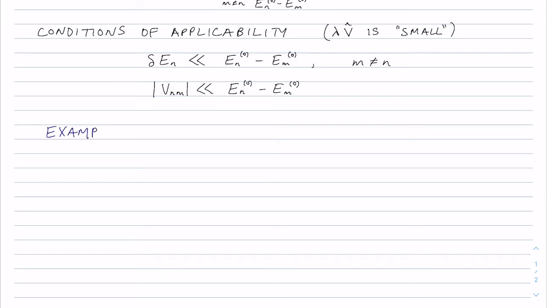This is either from or similar to a question in Griffiths. Often we will start these kinds of problems with an exactly solvable H naught, and in this case the infinite square well is exactly solvable.